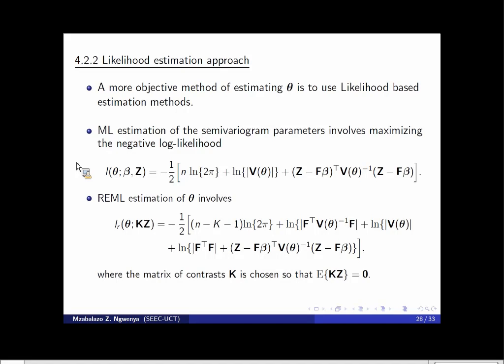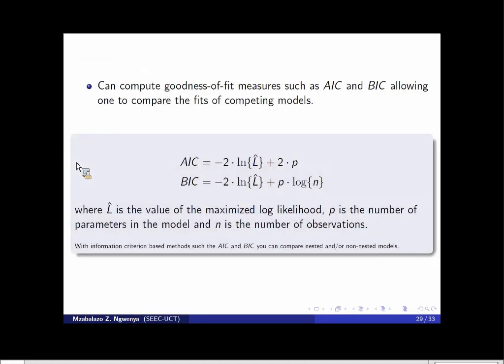Unlike in the previous setting where we had to calculate semi-variances, group them into that histogram, then do some fitting on it. So there are a lot of steps in between which are not objective. Here with maximum likelihood, we know our likelihood functions. We can just optimize and then obtain estimates for our parameters and for our beta over there. Very objective.